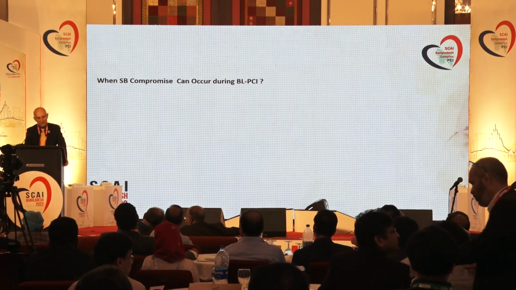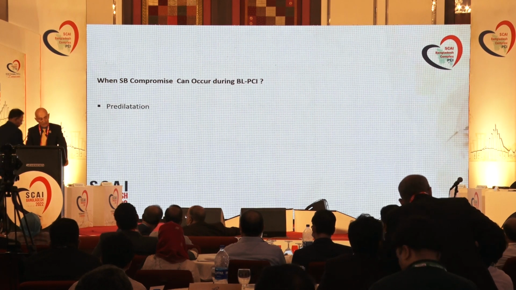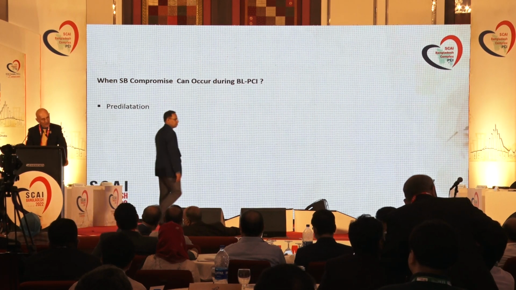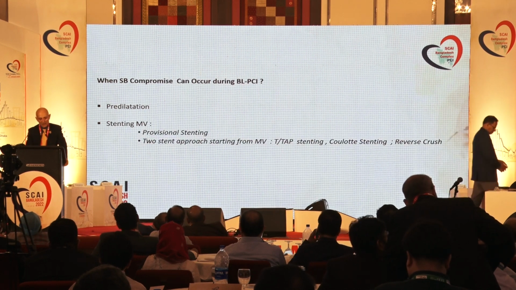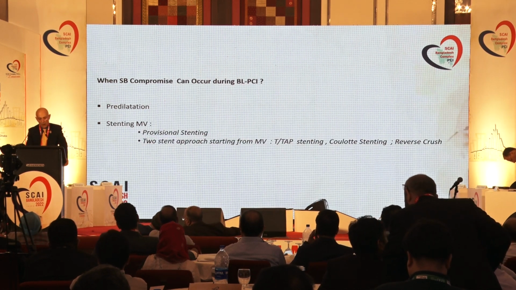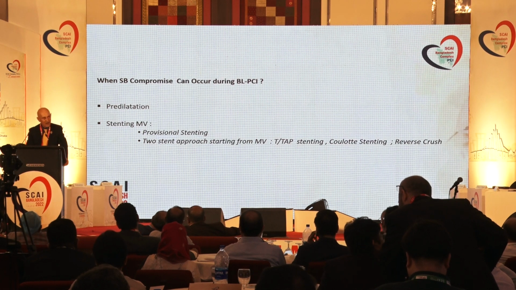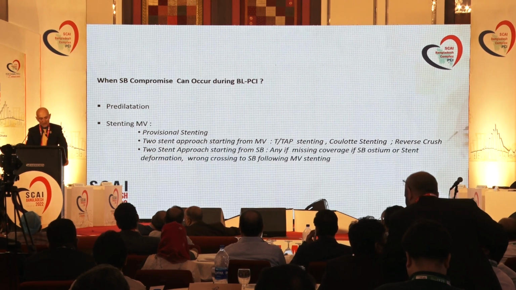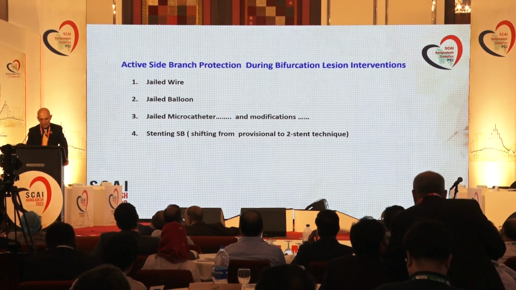When you have some compromise on the side branch, this can occur during pre-dilatation, can occur during stenting of the main vessel, or you move to the two-step approach, TAP or block, in order to bail out. Not always is it required, you might also bail out with balloon.